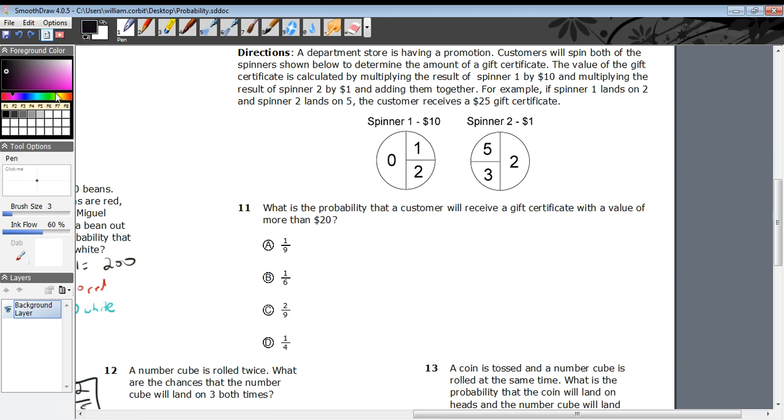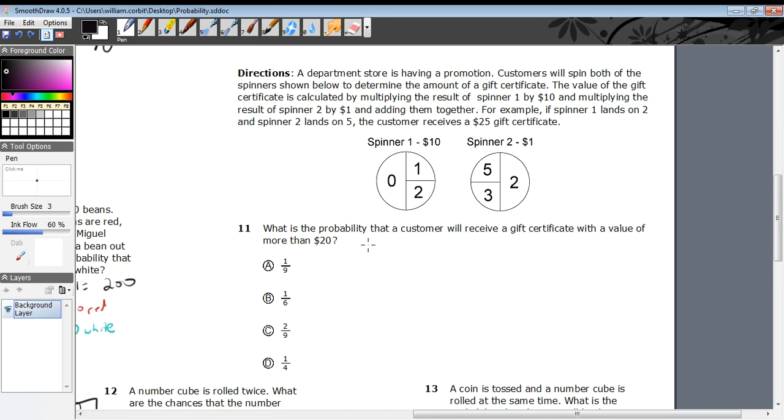I think the way to do this problem is just to write out all the different combinations. So you could have, if we get a 0 here, oh, but they're not equal. Okay. The key to this problem is actually dividing this here. This is a 0, and this is also a 0.